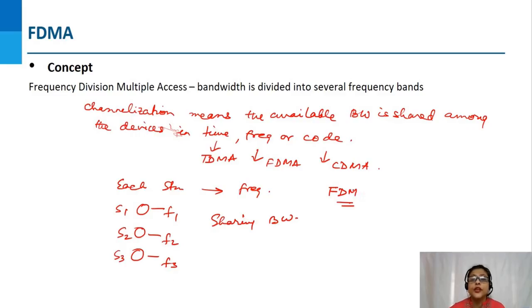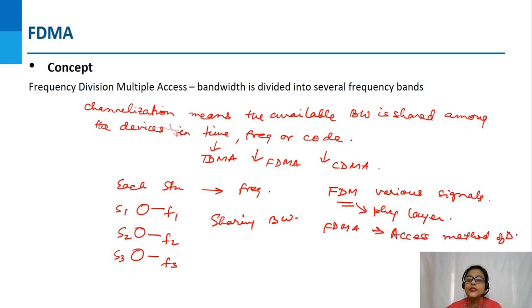Though conceptually they are very similar, in FDM various signals are combined in frequency domain. But FDM is a technique of the physical layer, whereas FDMA is an access method of data link layer.